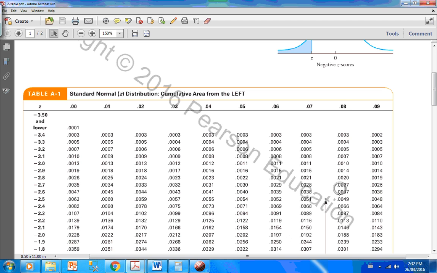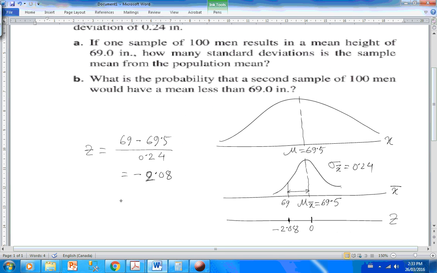So a z value of negative 2.08 gives me a percentile position of 0.0188. So that's the percentile position.